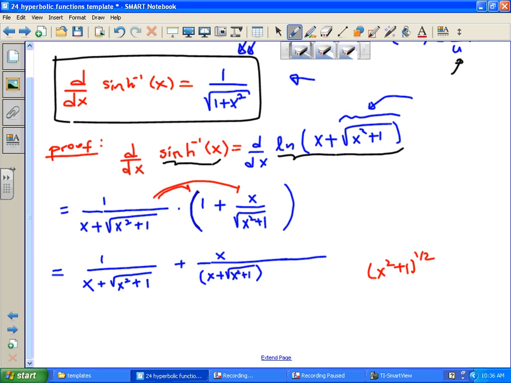What am I missing on the bottom? I'm multiplying this with the second term. On the top you have an x. On the bottom, basically you have this quantity times what? So what should I be multiplying it with? Exactly. Because I'm multiplying the two bottoms together. This one, I'm multiplying it with that bottom.